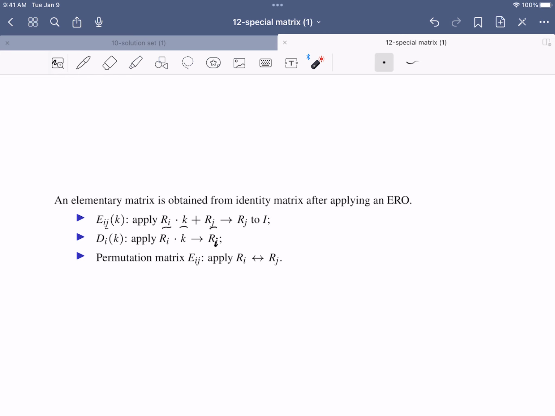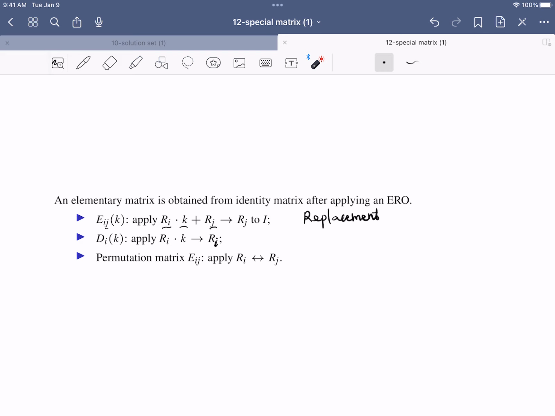This is one ERO, the so-called replacement. Another is scaling, which multiplies the ith row by k and replaces Ri. And the permutation, swapping 2 rows i and j.